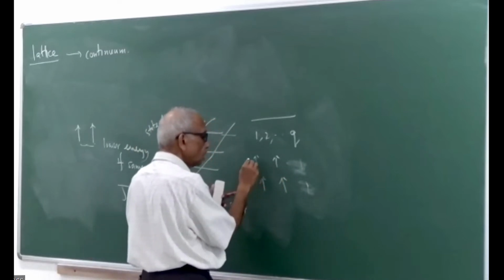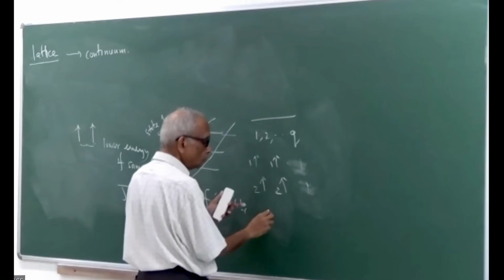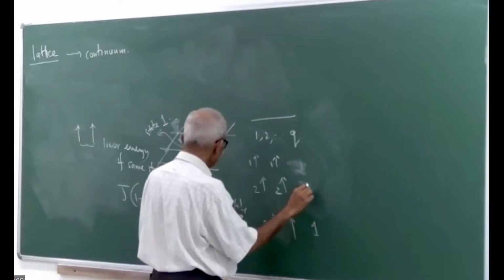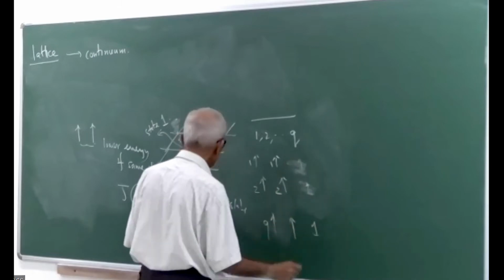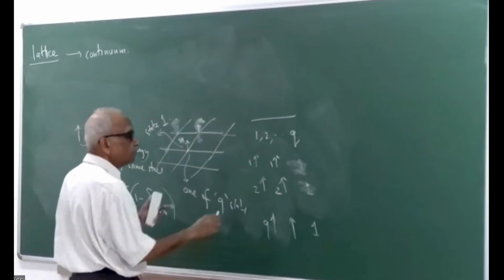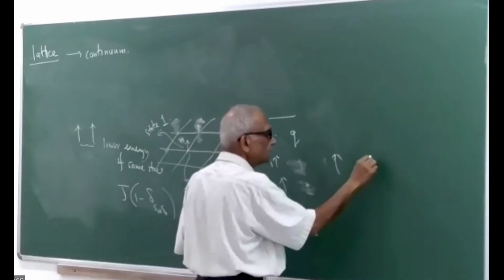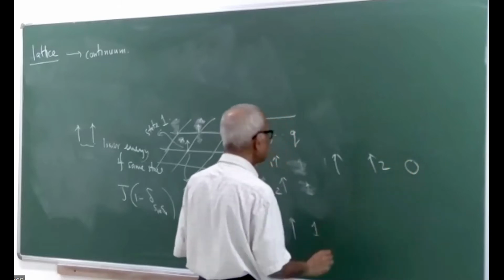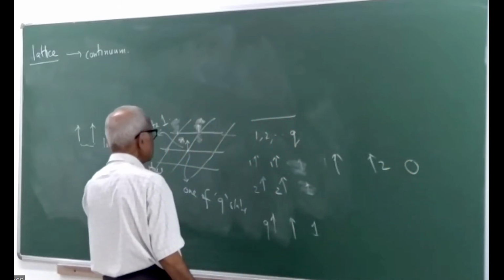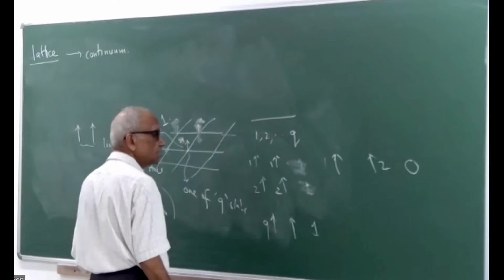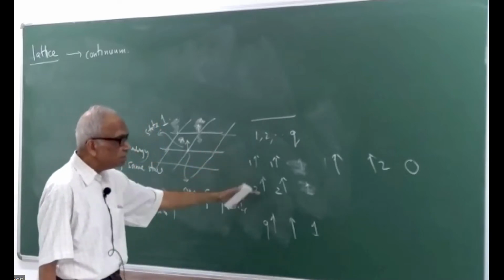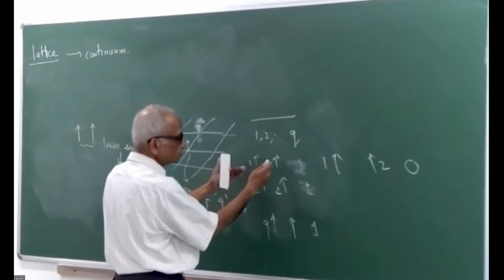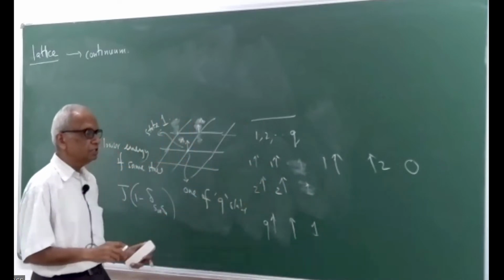So 1, 1, 2, 2, Q, Q all give me the same factor 1 over here, and the total energy is 0. But if this is 1 and this happens to be some state 2, then the delta is 0 and the energy is J. So when it is 1, 2, it's a higher energy state. When it is 1, 1, it is a lower energy state.